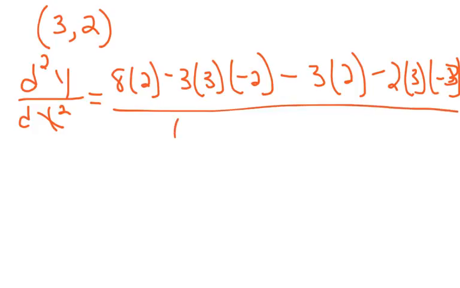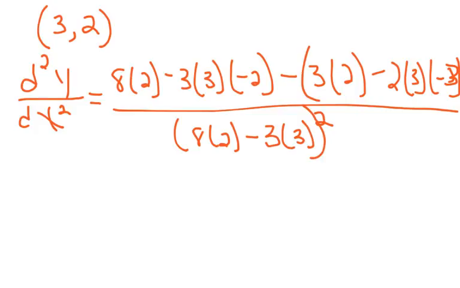All divided by (8 times 2 minus 3 times 3) squared. Alright, so now looking at this part, 3 times 2 is 6, and then negative 2 times 3 is negative 6. So 6 minus 6 is 0.